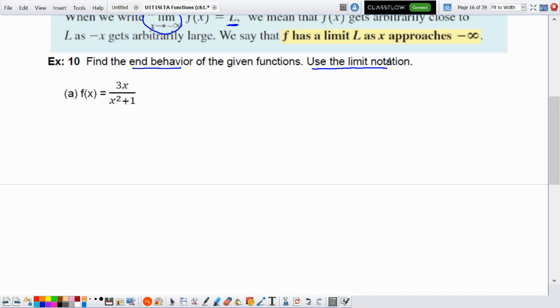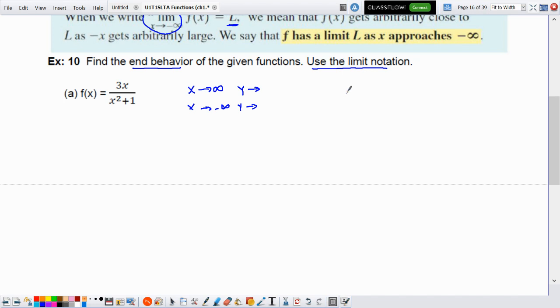So this function I'm going to explain in a different way here: 3x divided by x squared plus 1. Now x goes to infinity. Where is y going? This is what you used to write in Algebra 2. X goes to infinity, what's y? X goes to negative infinity, what is y going to be? The difference here is that in pre-calculus we have to use the limit notation.